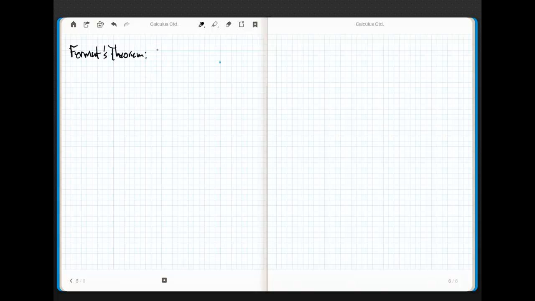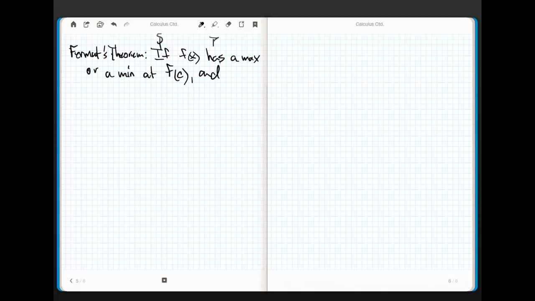What he says is, if f of x has a max or a min at f of c, okay? And remember, I could write suppose if I wanted to. Suppose and if are basically the same thing.